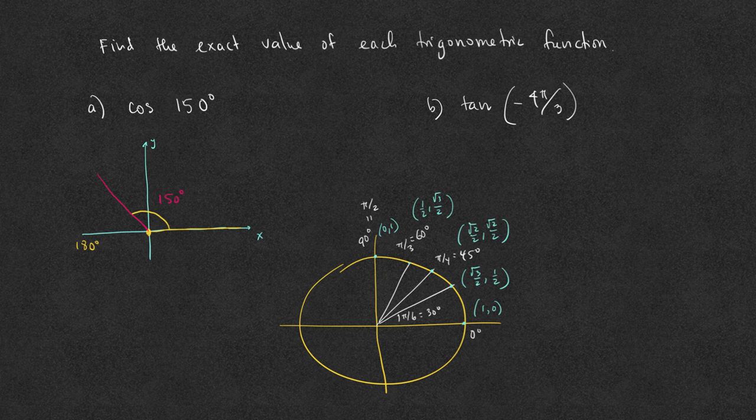The reference angle to 150 degrees is an acute angle, and that angle is the shortest measurement from the radius to the horizontal axis, and that is 30 degrees. And so we would go to 30 degrees from the first quadrant that we just copied down.